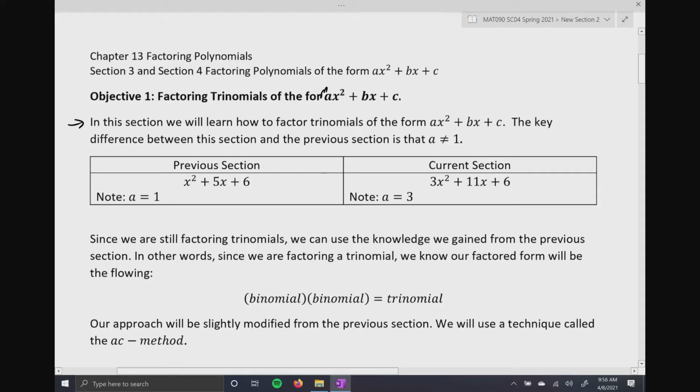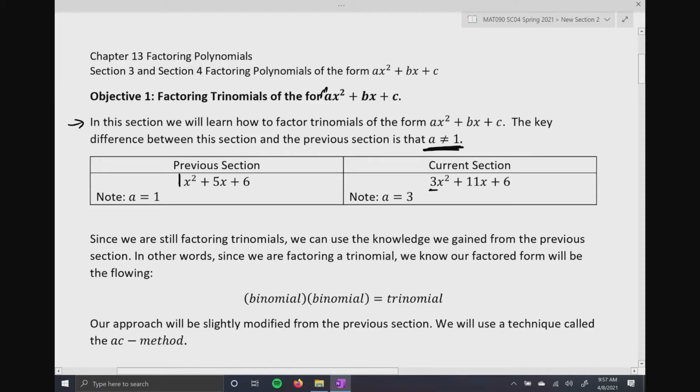The key difference between this section and section 2 is that a does not equal 1 anymore. I gave us just a little example. In the previous section, notice on that trinomial, the leading coefficient is a 1. In this current section, it's a 3.